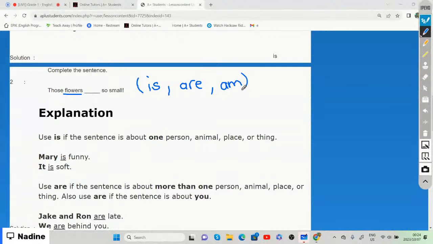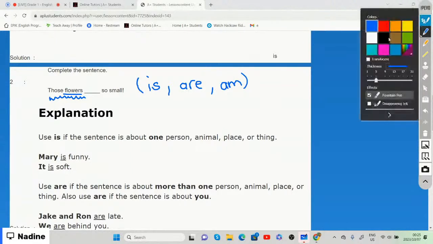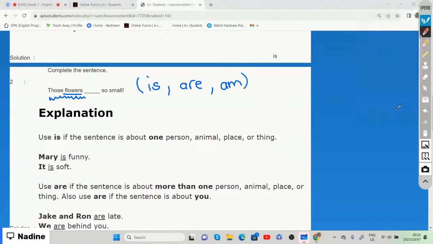So we need to choose the correct word. And if we look at these words, they tell us that this is more than one. And if it's referring to more than one, do we use is or am? All right.